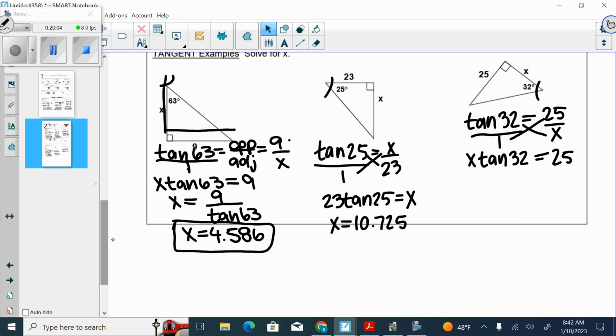And then what do we do? Divide by tangent of 32. So x is equal to 25 divided by tangent of 32. So approximately what is our x there? You said it's 0, 0, what? 6 is what we got? All right.